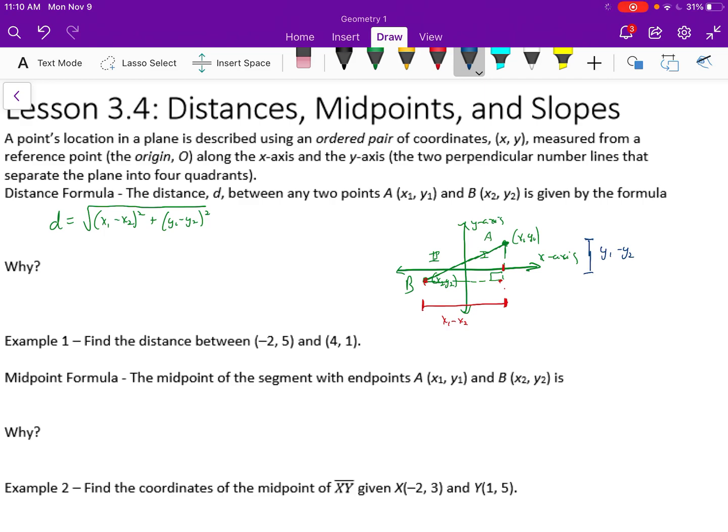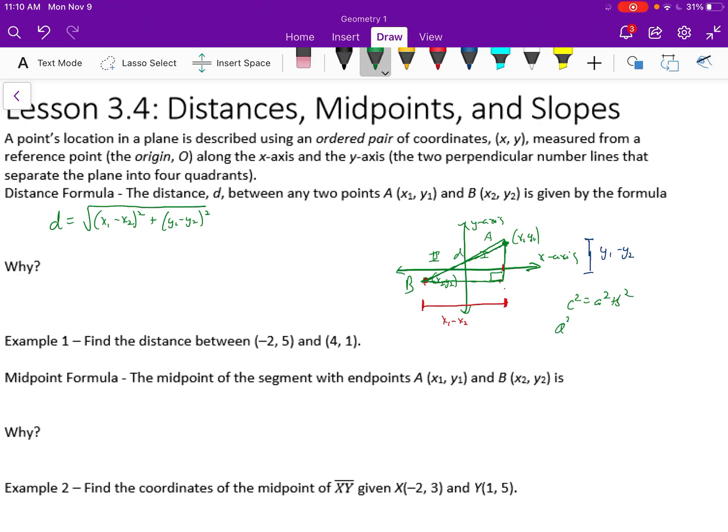And now that we have that, we notice that we have a right triangle here. And we know that in a right triangle, a leg squared plus a leg squared equals the hypotenuse squared. That is the Pythagorean theorem. So c squared equals a squared plus b squared. Our c, though, is our distance.